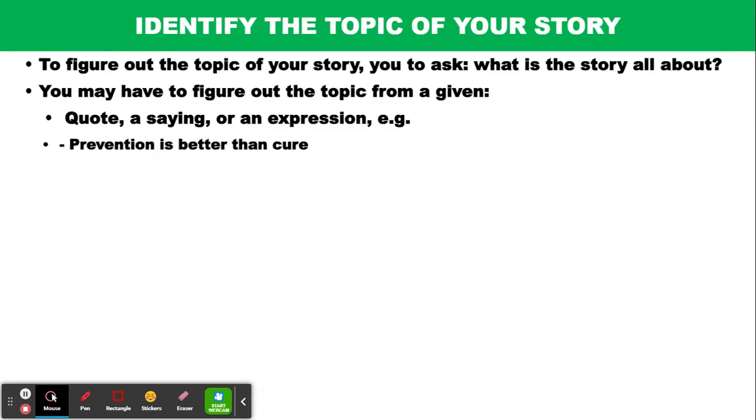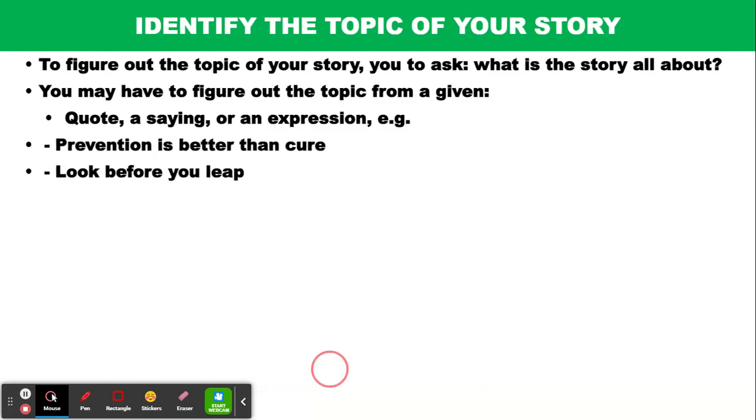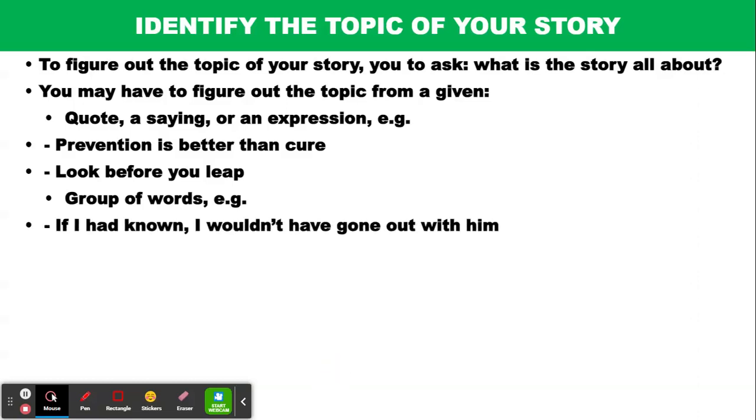For example, prevention is better than cure. Look before you leap. You may be asked to write a story that illustrates the saying, look before you leap. Then you may have to figure out the topic of your story from a group of words. For example, if I had known I wouldn't have gone out with him, I wish I had listened to my parents. Okay.